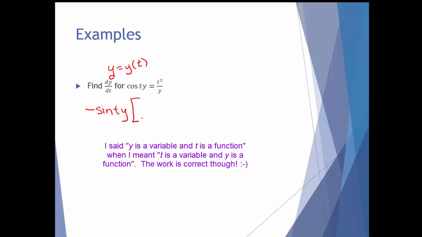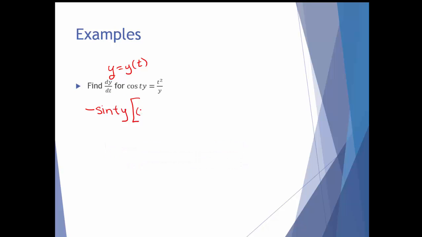So I'm going to open up a big set of parentheses here. The derivative of t with respect to t, since that's your variable, its derivative is 1, times y plus t times the derivative of y. But y is an entire function, so its derivative is dy dt. Okay, that's the derivative of the left side, equals.